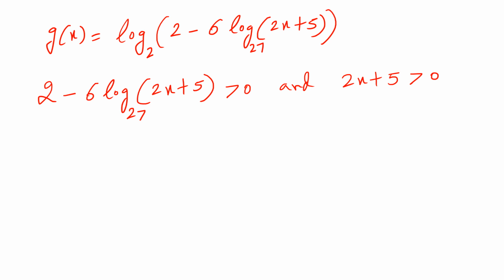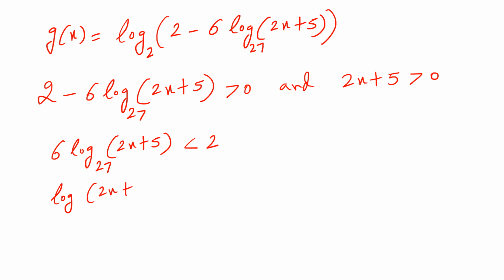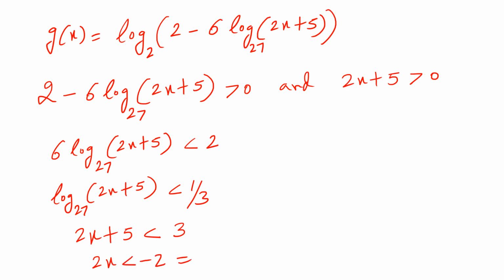Now from here I get 6 times log of (2x plus 5) to the base 27 less than 2. This means log of (2x plus 5) to the base 27 less than 1 by 3. This further means 2x plus 5 less than 27 to the power 1 by 3, which is just 3. So that means 2x is less than minus 2, or x is less than minus 1.